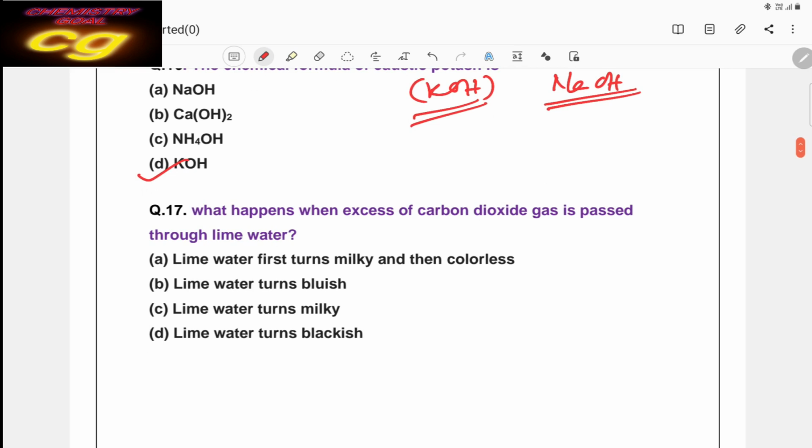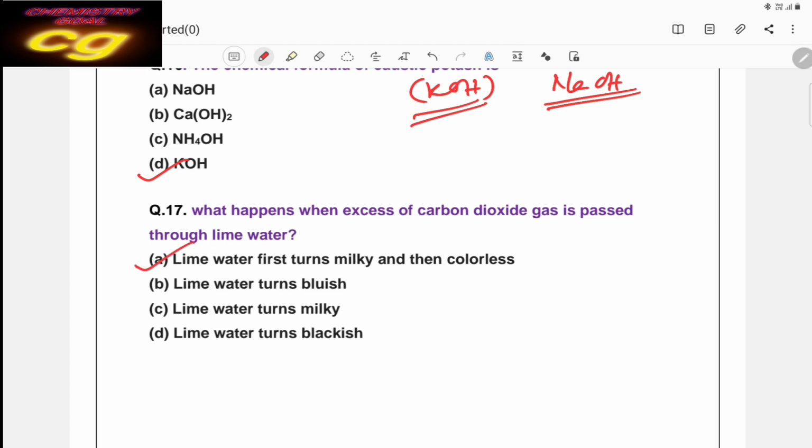What happens when excess carbon dioxide is passed through lime water? Already you know, if you pass more carbon dioxide, then the milky color of the solution changes to colorless. So lime water first turns milky and then colorless.